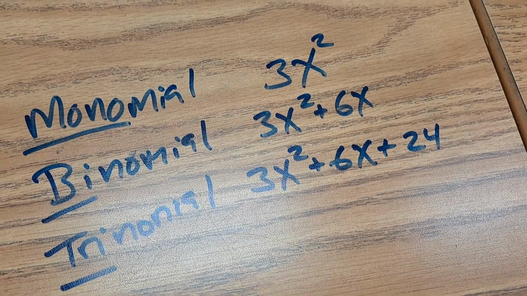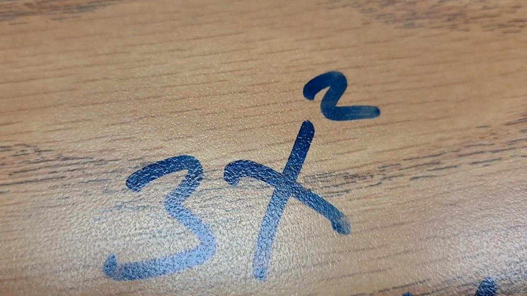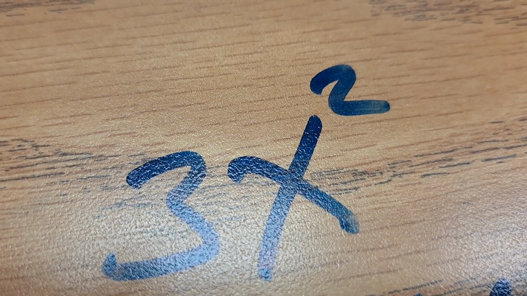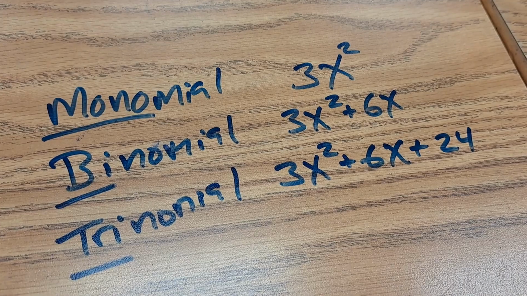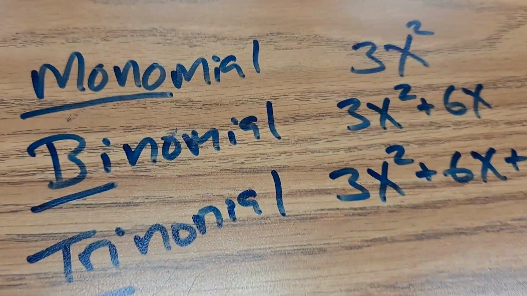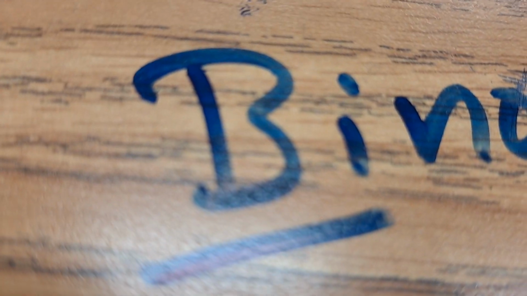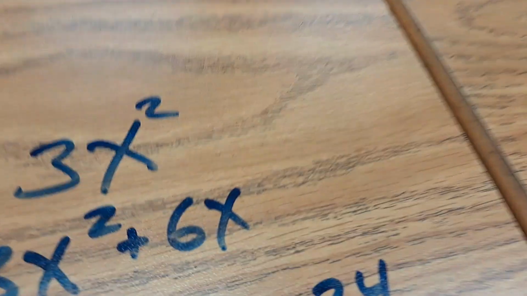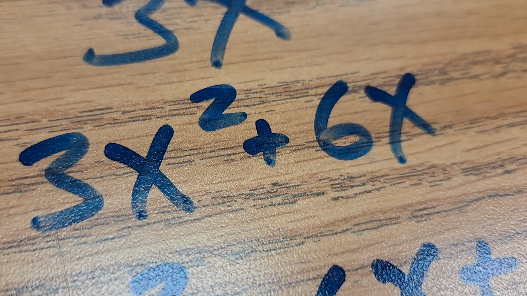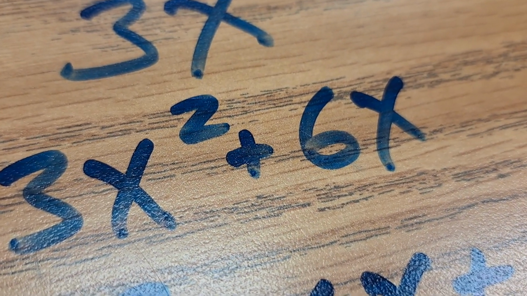All right, so once again, a monomial has one term. And this is the one term, 3x squared, or 3x to the second power. That's one term, or one family. A binomial, you see the part "bi"? Bi means two, like bicycle. All right. 3x squared plus 6x.